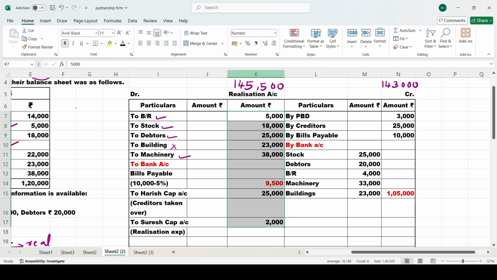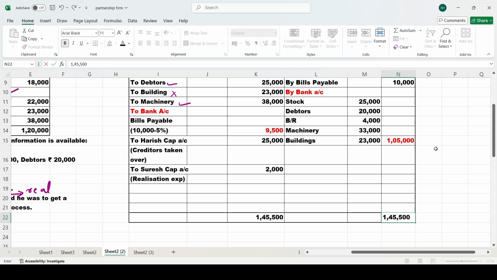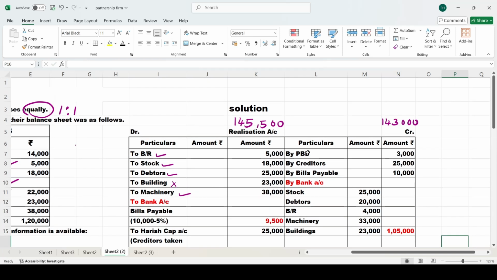Okay, you just check which side it is more. Obviously your debit side is more here. So that same amount we'll record on both the sides. 1,45,500. Here also 1,45,500. Now as you all know, if debit side is more, then it is a loss.